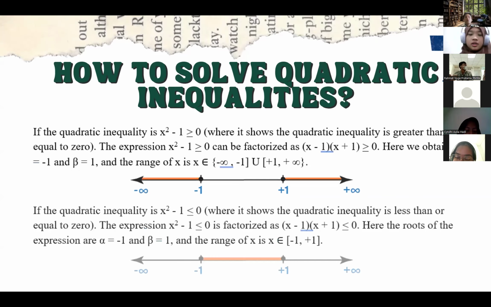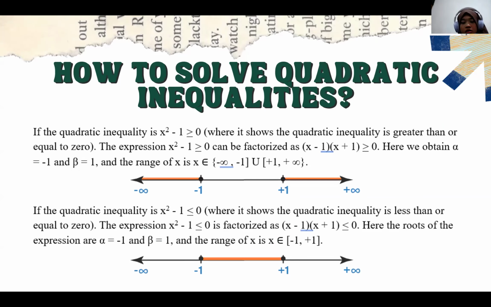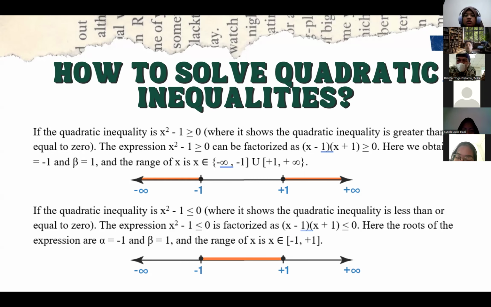Okay. This third example is the quadratic inequality 1 subtracted by x squared, and this difference is greater than or equal to 0.